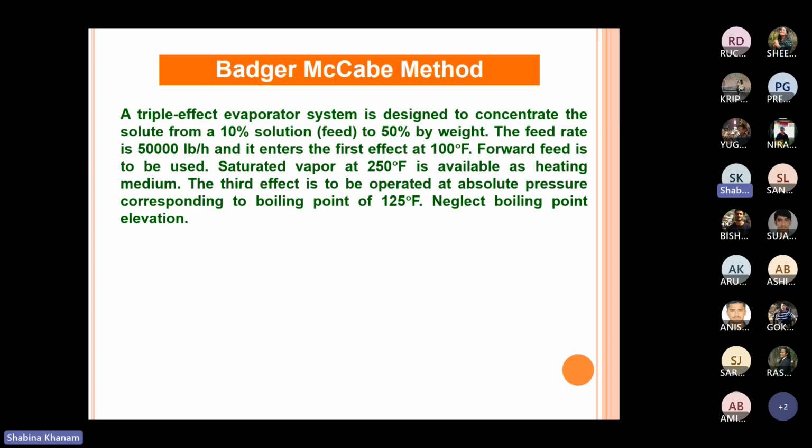So it is 125 for T3, and we need to neglect the boiling point elevation, as you must have read in your heat transfer course. Apart from this, we are given other parameters like specific heat, which should be 1 BTU per pound degree Fahrenheit for all feed and all other liquid streams. Otherwise, it is composition dependent.